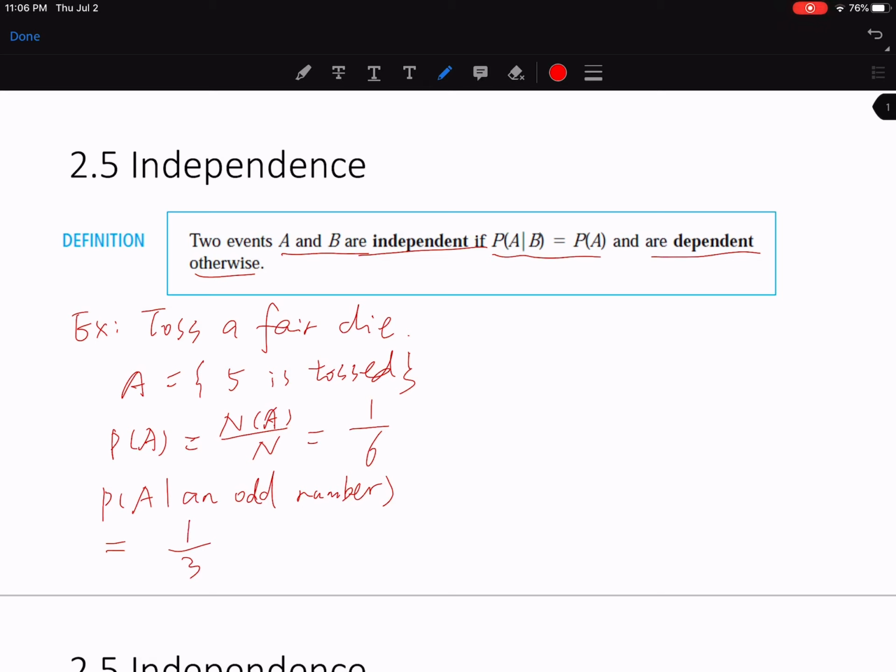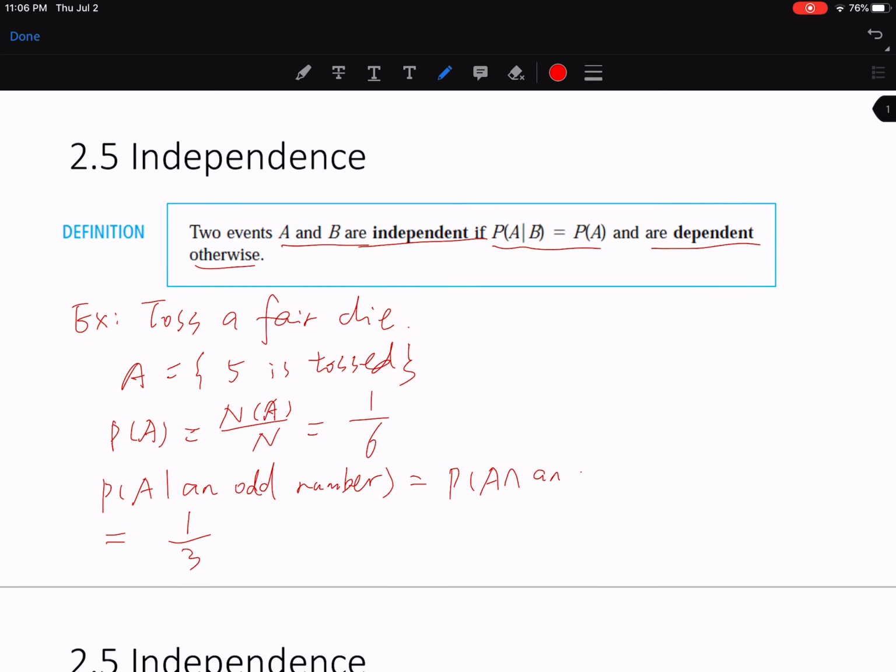And actually, we can figure it out another way by applying the formula of conditional probability. This is equal to the probability of A intersection an odd number divided by the probability of an odd number.